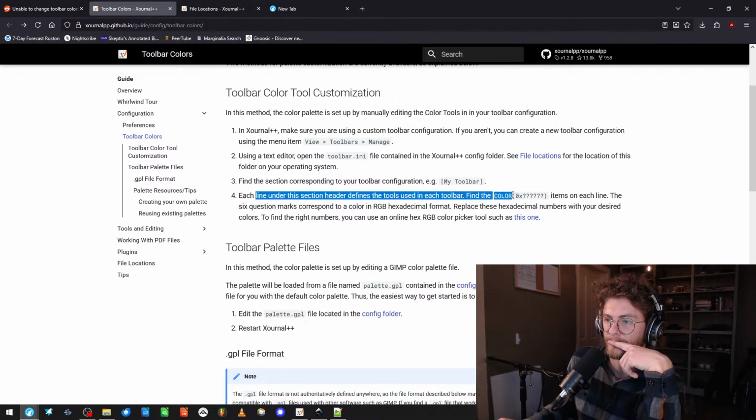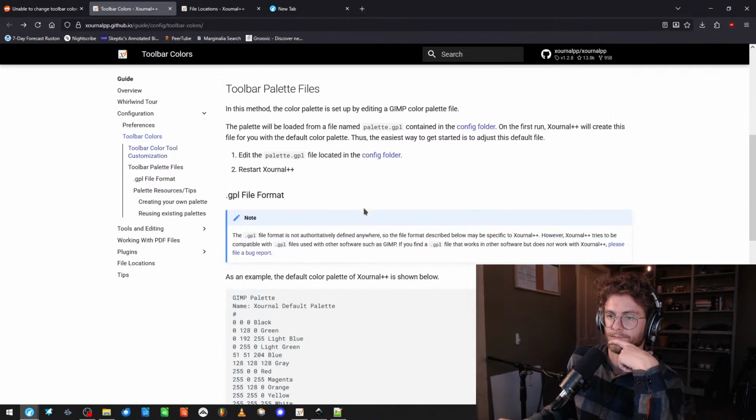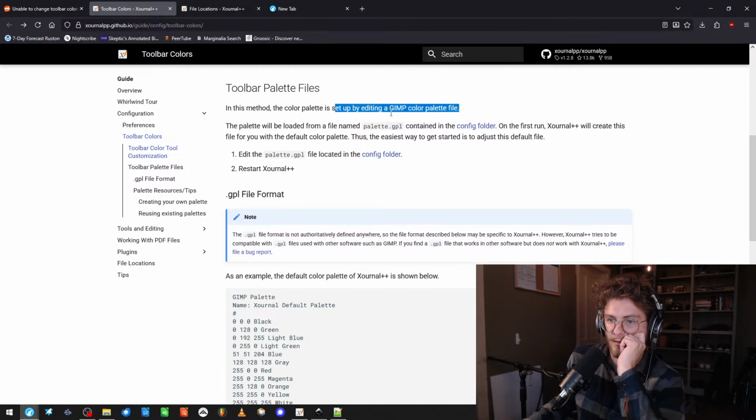Find the color item in each line. The 6 question marks correspond to a color in RGB hexadecimal format. Replace the hexadecimal numbers with your... Interesting. Oh, you can add a GIMP color palette file too. Interesting. I'll do that later, but we're going to do it this method because I'm already in deep.